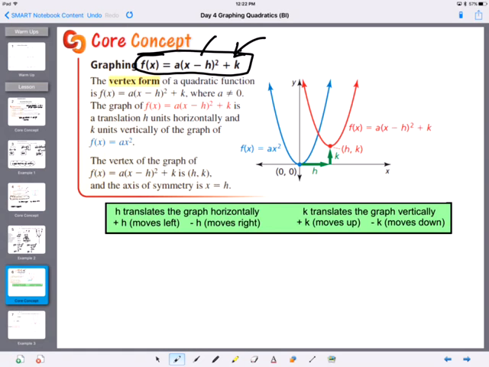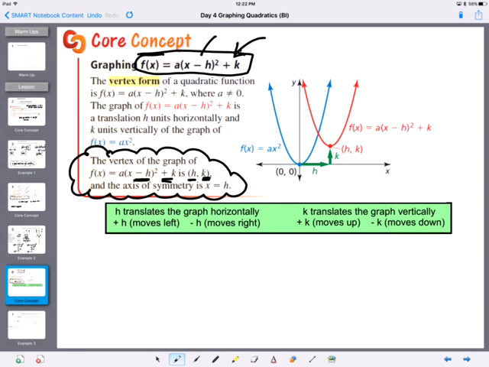So our a reflects our graph. It also goes to show that the vertex of the graph is always at h, comma k. So inside is always opposite, which goes with your h or your x coordinate of your vertex. Outside is always the same, which corresponds to the k or the y coordinate of your vertex.